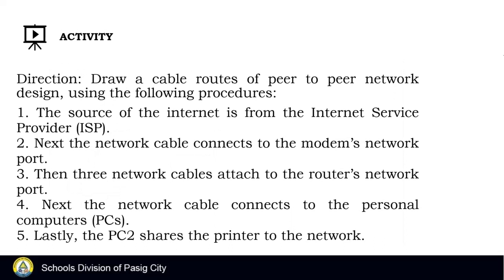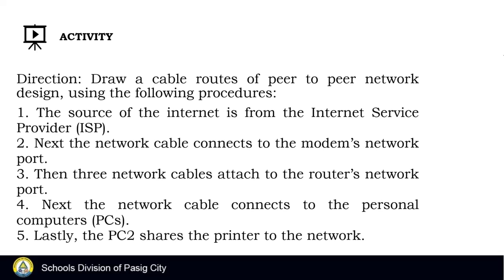Let's have a written activity. Direction. Draw a cable routes of peer-to-peer network design using the following procedures. Number 1, the source of the internet is from the internet service provider. Number 2, next, the network cable connects to the modem's network port.